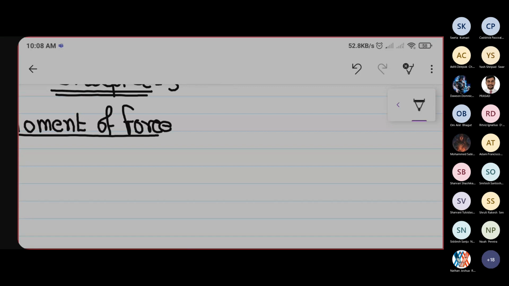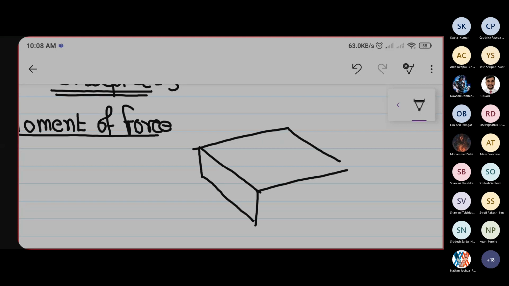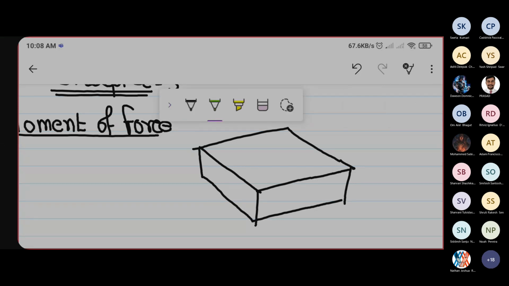I'll tell you. Do you remember I gave one example of a box that you need to move from left to right, you apply force here, and that's why it moves in this direction.